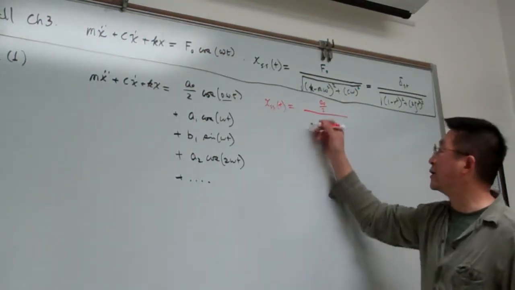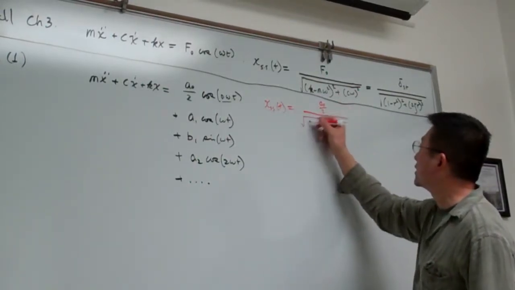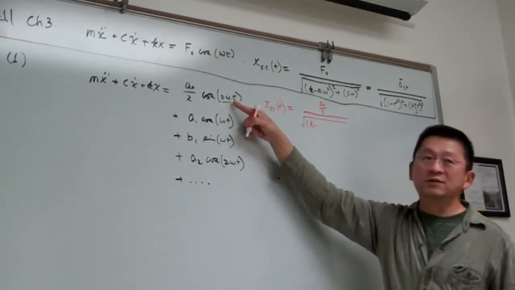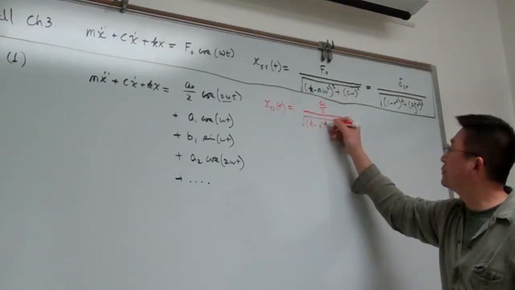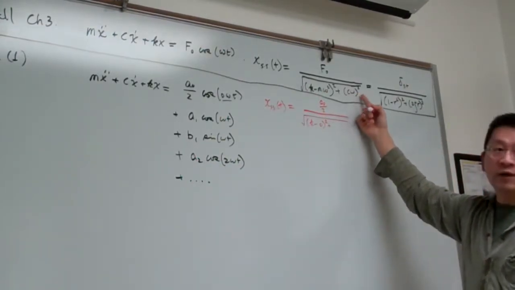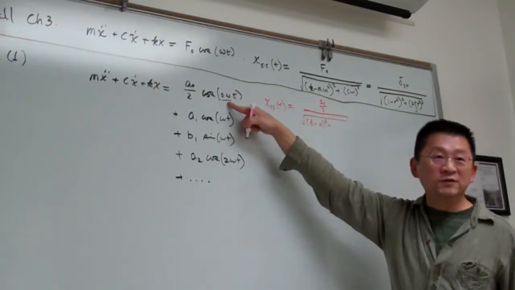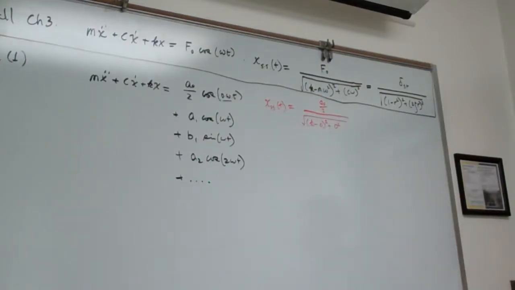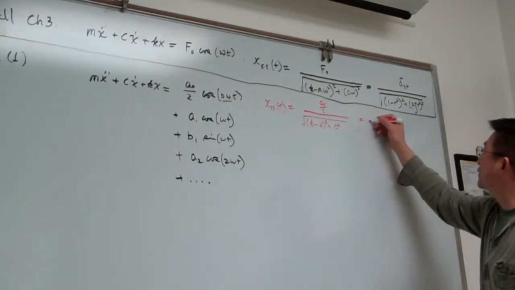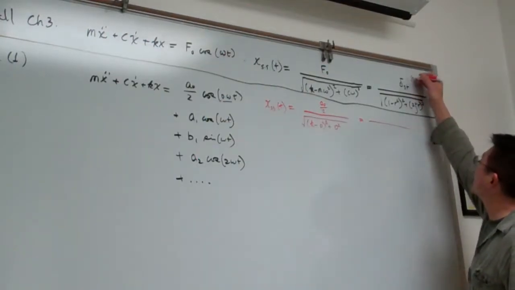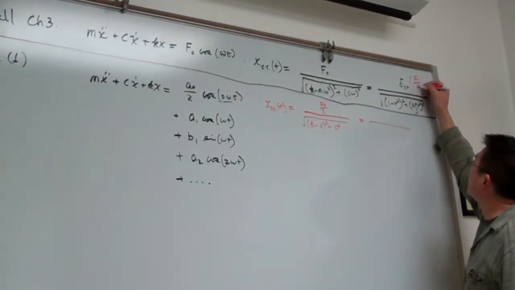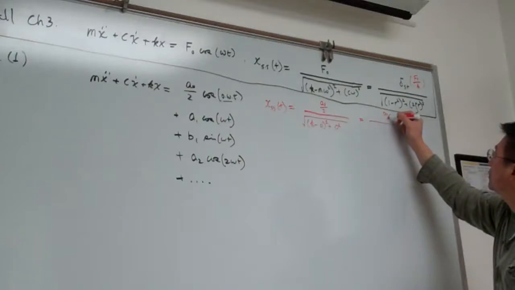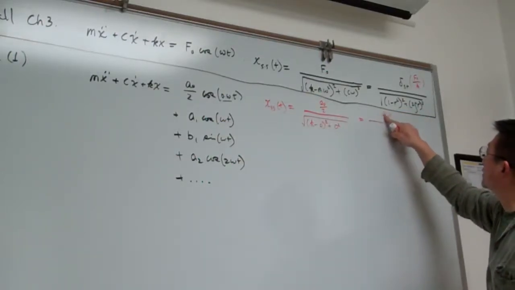Then we write it up continuously: that is k minus m times omega squared, and omega here is 0, so times 0 squared, plus c omega squared, and again omega equal to 0, so basically 0 squared. If you like, you can take delta ST. What is delta ST? Delta ST equals F naught divided by k. So basically here it is F naught divided by 2 and divided by k.